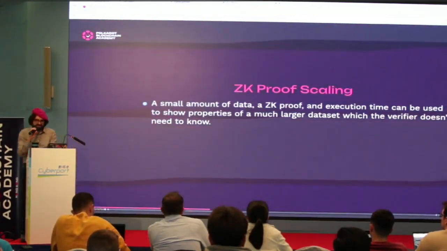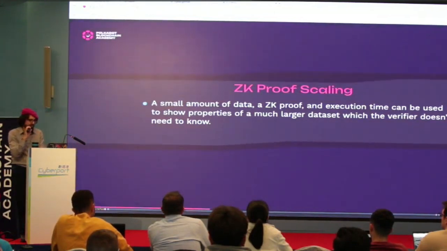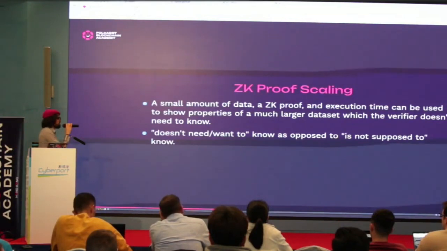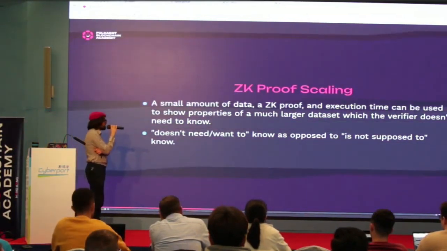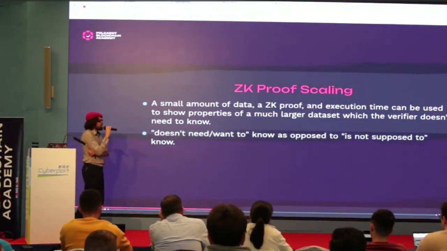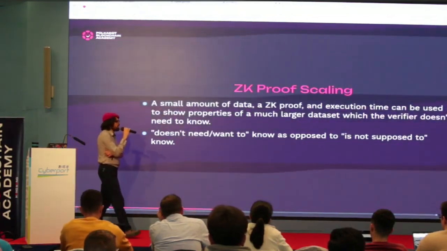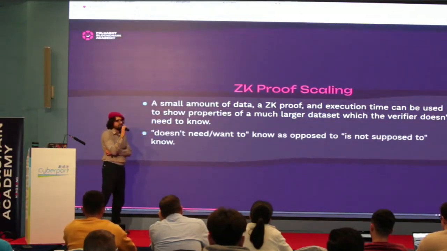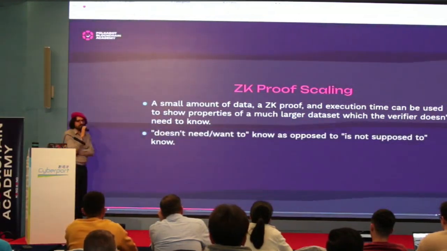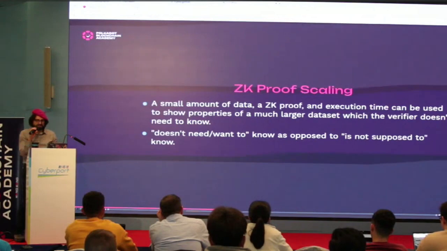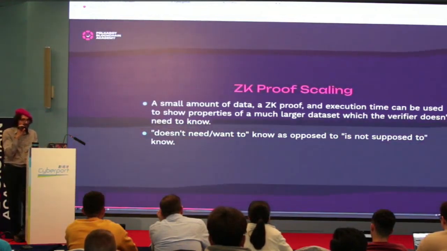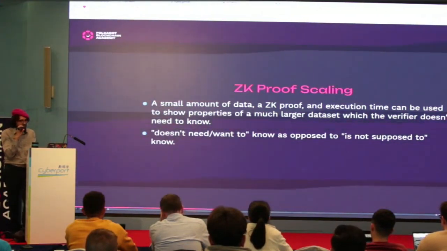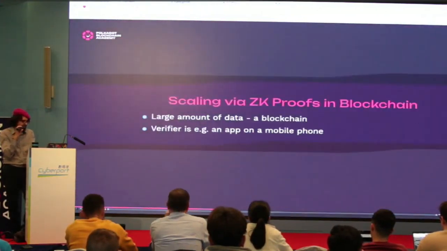So it gives the verifier much less computational power requirement. The verifier doesn't have the ability to go through it, because it's too much data. So they ask a prover to prove the data for them without the need to access the whole big data.